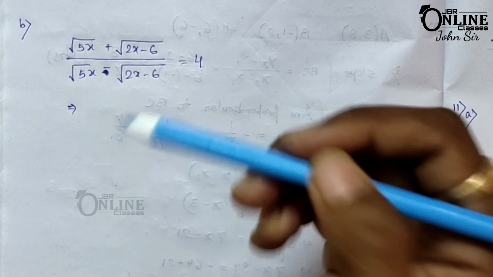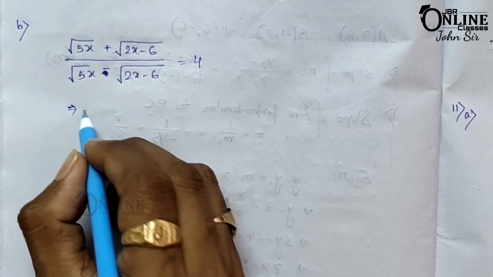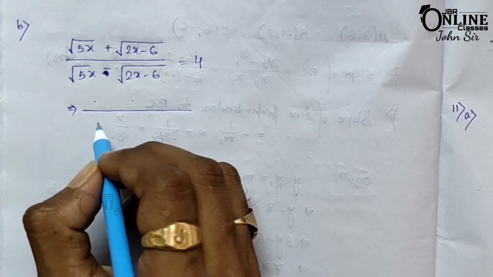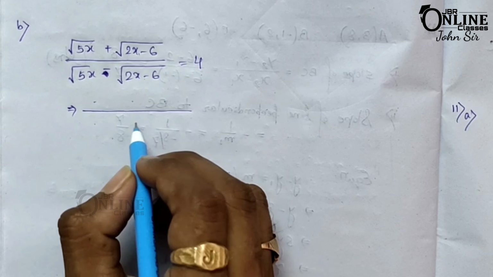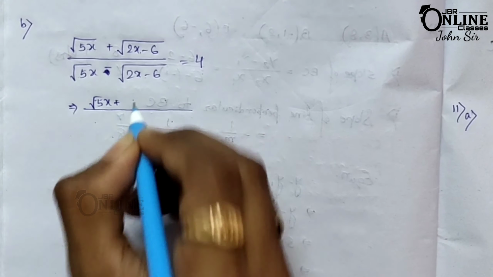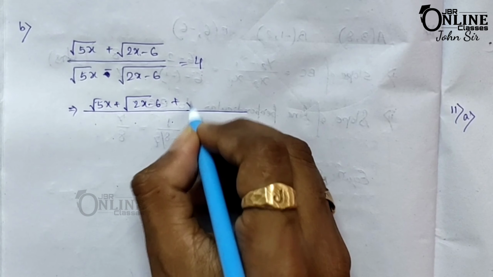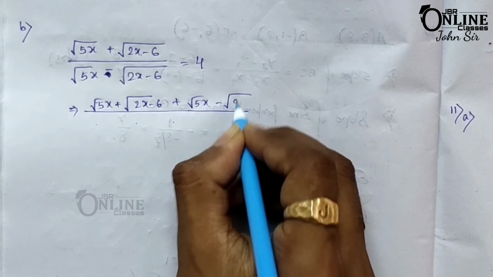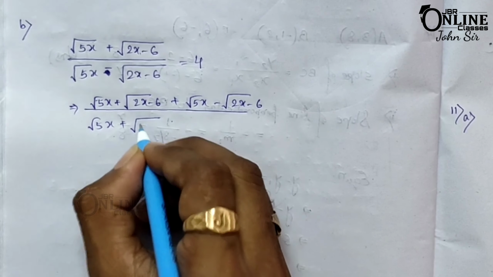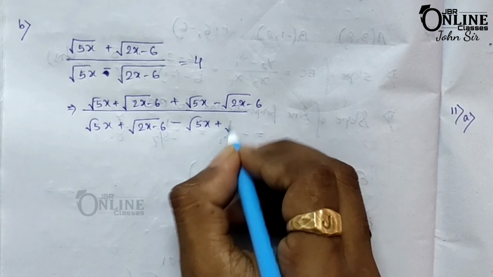In componendo and dividendo, the formula is: this one is the numerator and this is the denominator. First you write numerator plus denominator, and in the denominator you write numerator minus denominator.